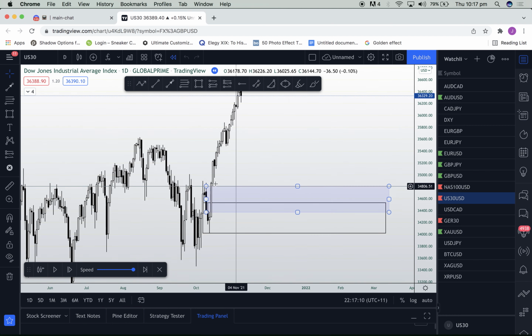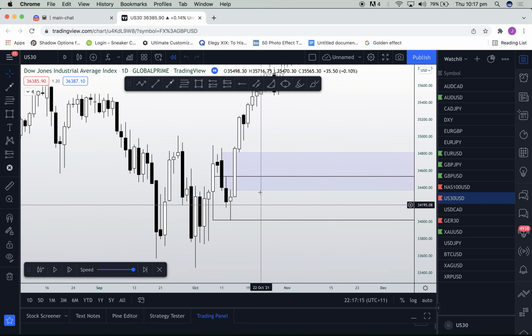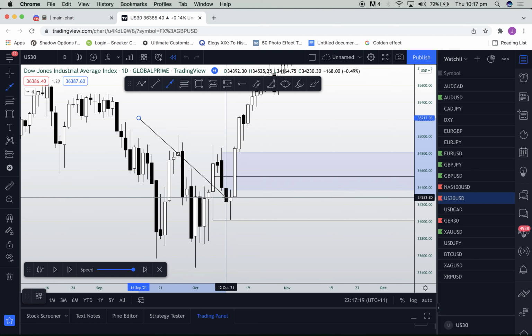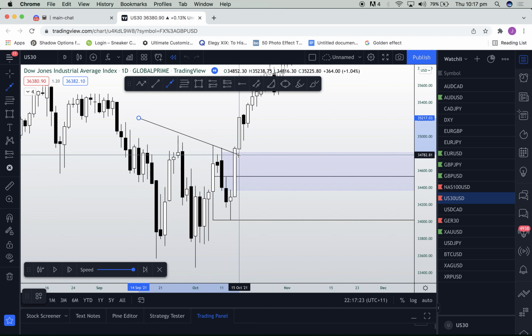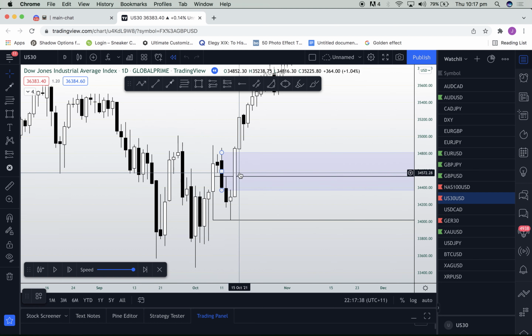This blue gap right here, if I zoom into this candle, you can see on this day, this daily candle, when price reversed up, it left a really big gap in it. There's no wicks covering it. That is because there were a lot of buy positions opened in here. A lot of buy orders and not enough sell orders to balance the market.